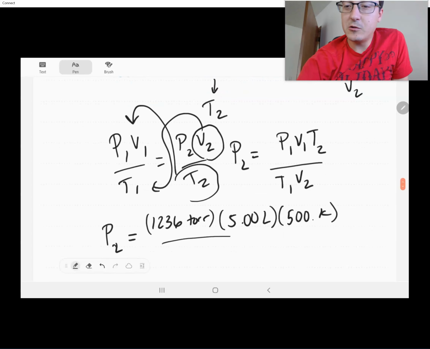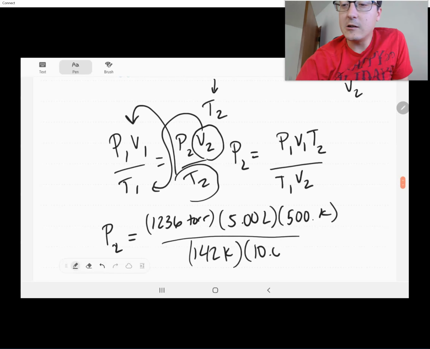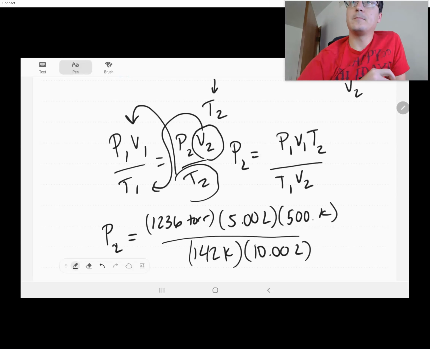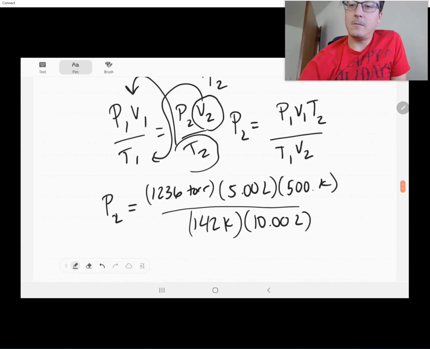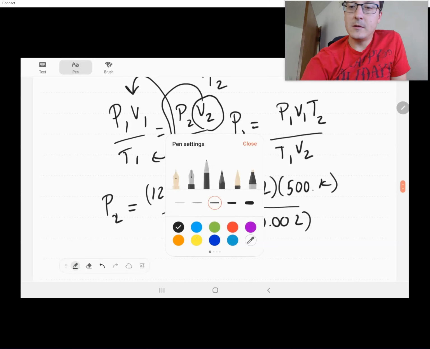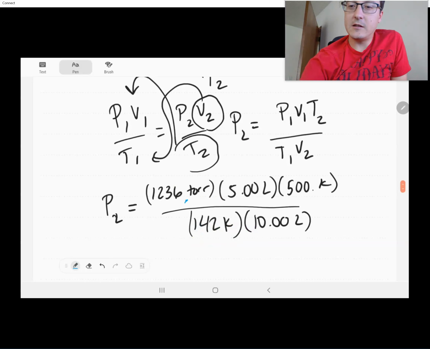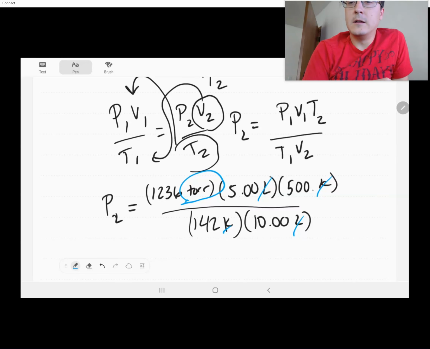And then temperature 1 was 142 Kelvin. And then volume 2 was 10 liters. Okay, again, simple algebra. So looking at our units, liters and liters, kelvins and kelvins, those should all cancel out. And we should be left with torr.